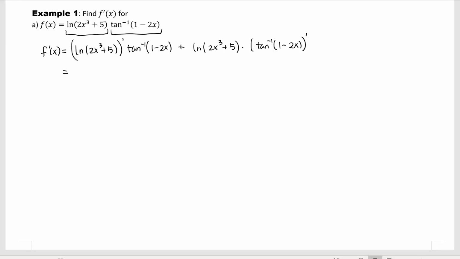What is the derivative of ln of this? You see this is a composite function, so we call the inside u. The derivative of ln u is 1 over u, so we put the u here, times u prime. And then here we just copy it.